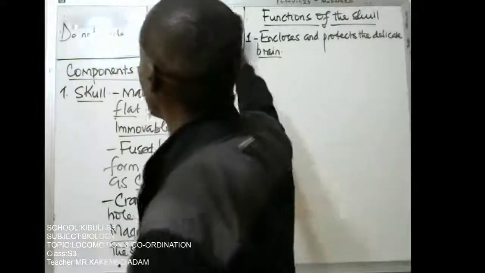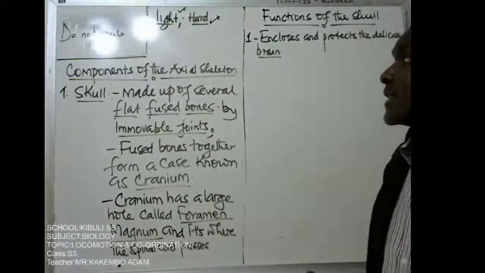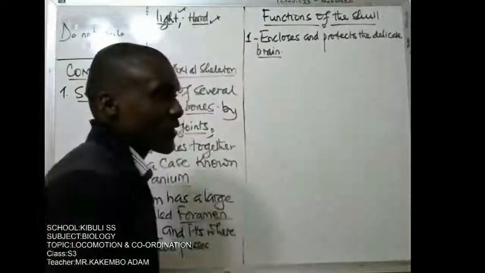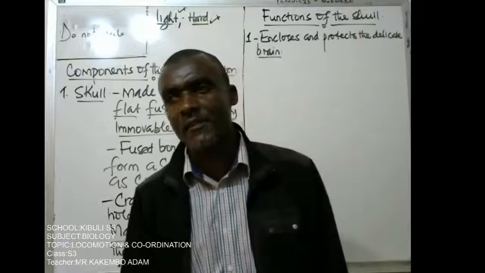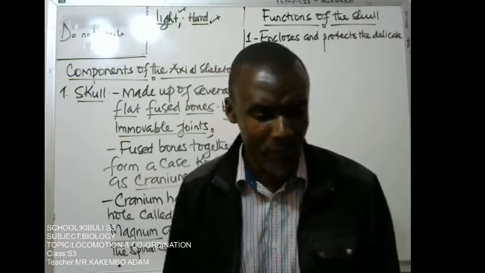I told you it is hard, right? Very hard. And it has several fused bones. Our brain is very delicate, but it is the main control center of the body.